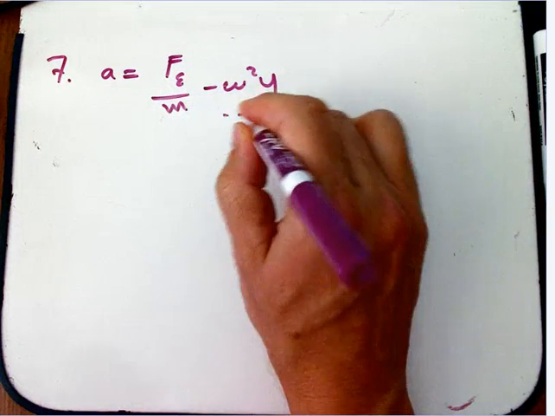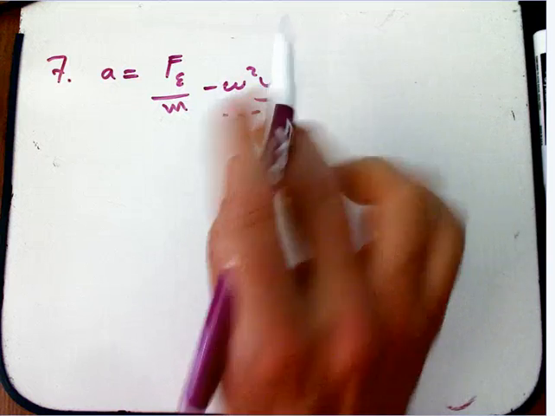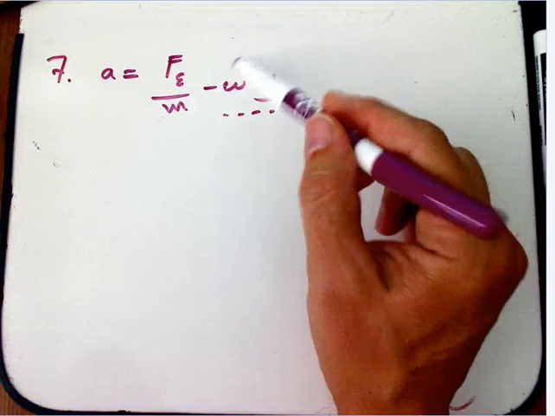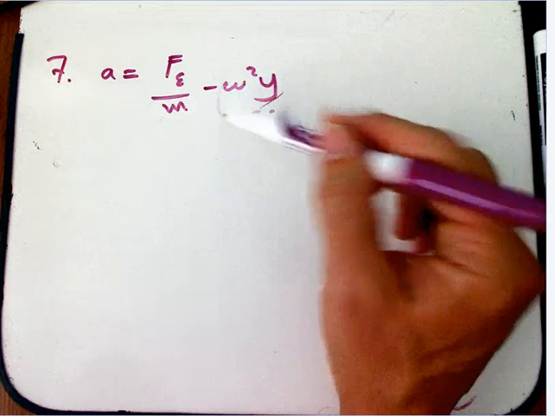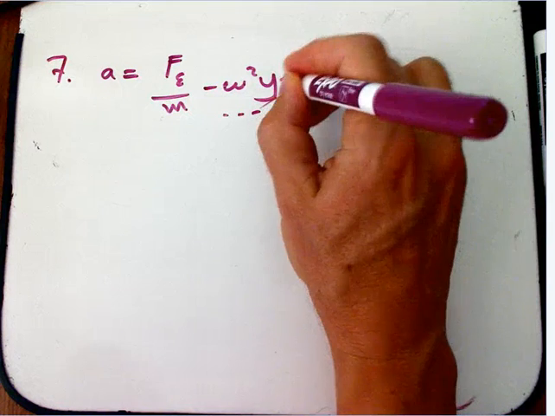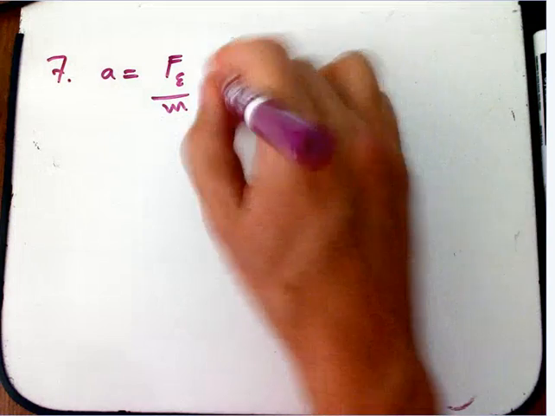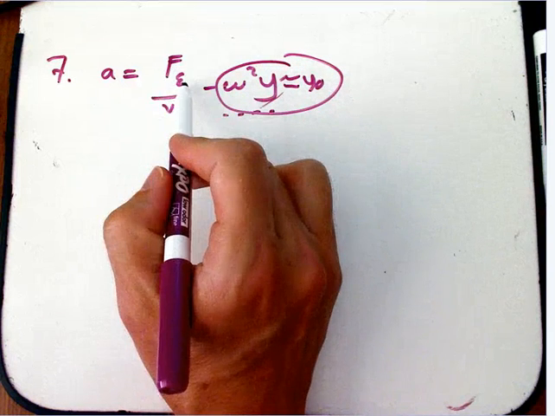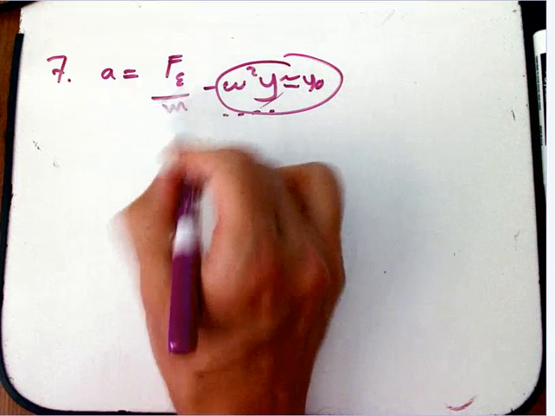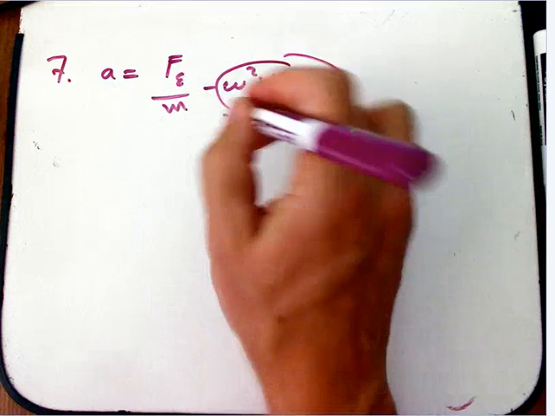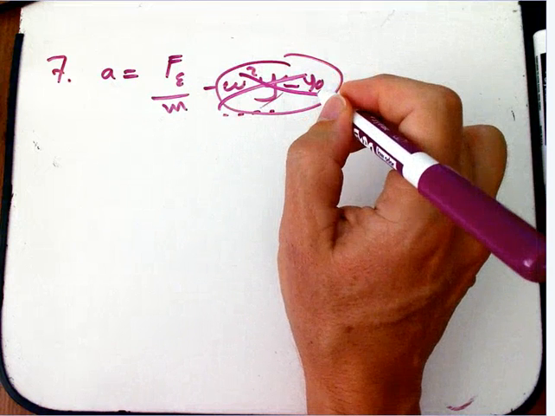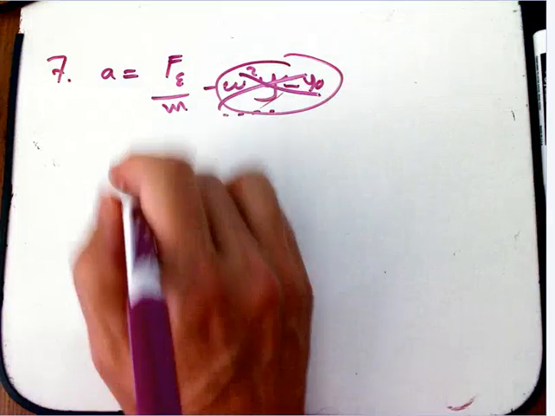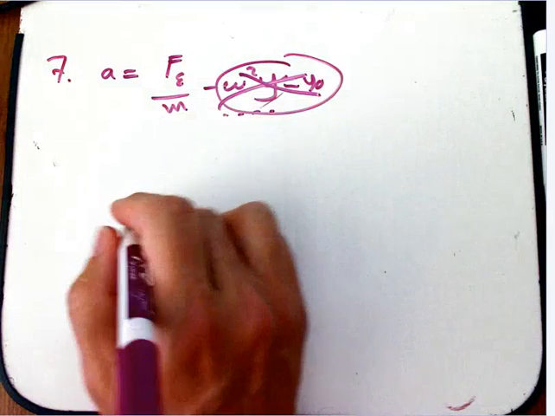And this is the tiny, not rigorous part of this version of the argument: we don't expect y to teleport to an infinite value or a huge value. If it's going to around y naught, then that's kind of bounded. And as we take epsilon smaller and smaller, these f epsilons are getting to be incredibly huge forces. And so we just neglect that.